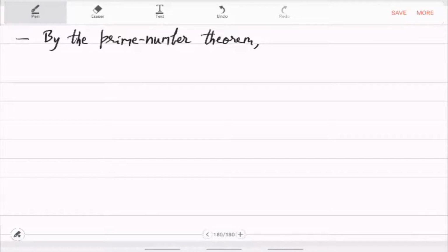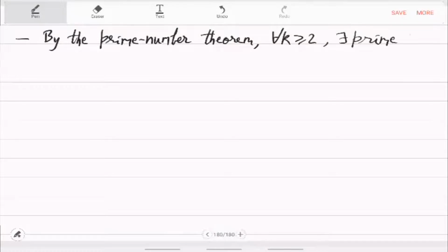So, by the prime number theorem. Why the prime number theorem? Well, because you want to work in a finite field, right? So you can work with a prime field, and for that you need the distribution of primes. How many prime fields are there actually? We know by the prime number theorem that there are a lot of primes.